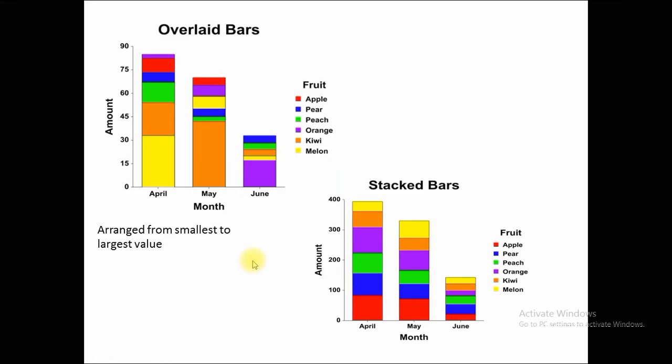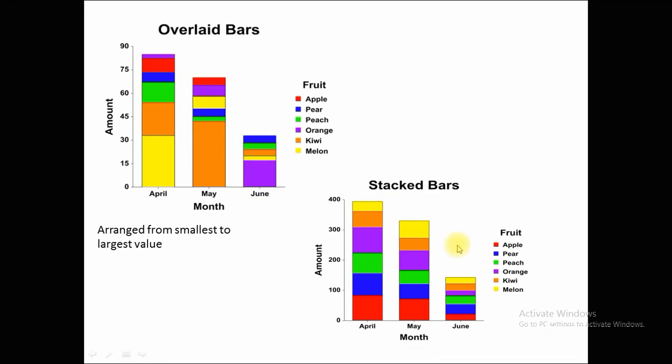So in the overlaid bar, put the bar for the melon at the bottom, the bar for the orange at the top, and then use this ascending order. Construct the bar for each quantity for April, and similarly for May and for June.